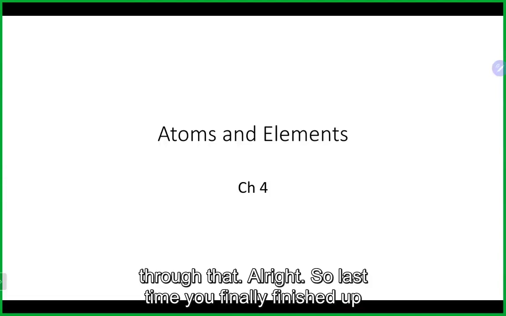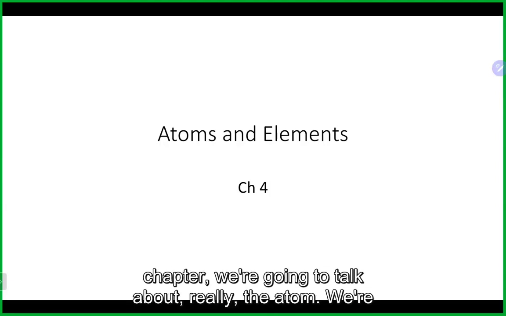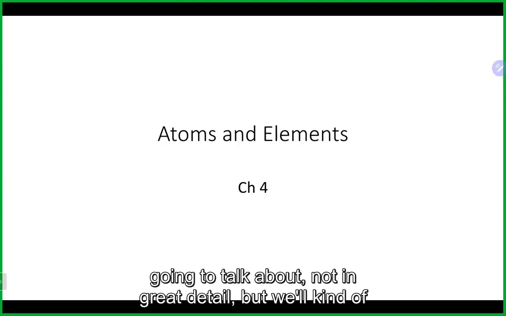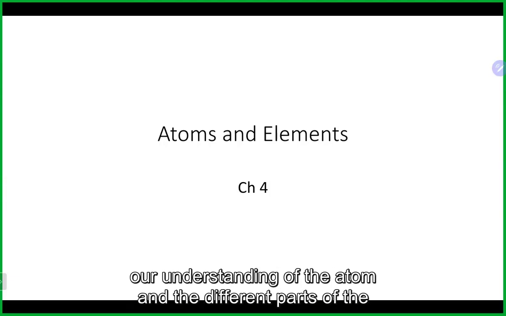All right, so last time we finally finished up chapter 2 talking about conversions and density. In this chapter, we're going to talk about really the atom. We'll touch upon some of the experiments that led to our understanding of the atom and its different parts.